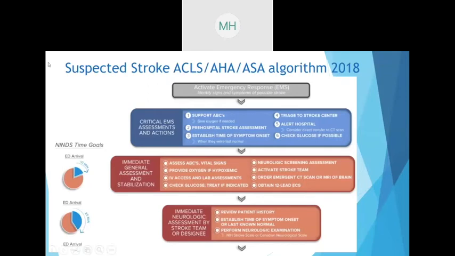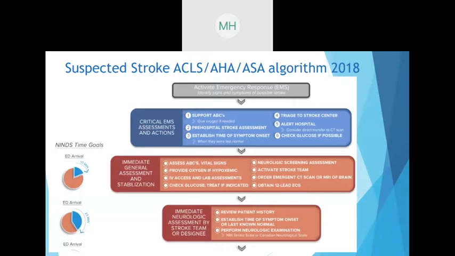So this is the suspected stroke algorithm as recommended by ACLS, the American Heart Association and American Stroke Association, 2019. And this algorithm is actually adapted by us, and most stroke centers. So when we receive a call for a stroke patient, of course, we have to activate the EMS, emergency response.